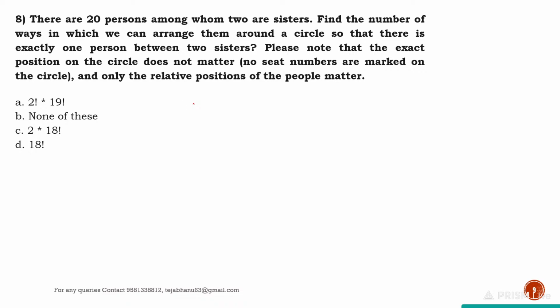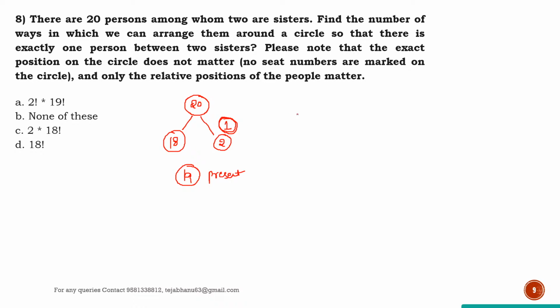Those 2 are a separate group, since the gender is different. The remaining 18 are boys. Now this is one group and these are 18. Total there are 19 present.